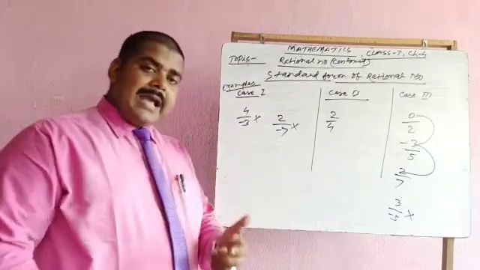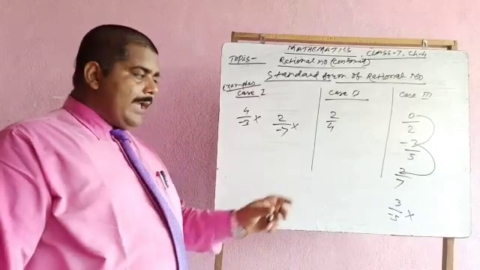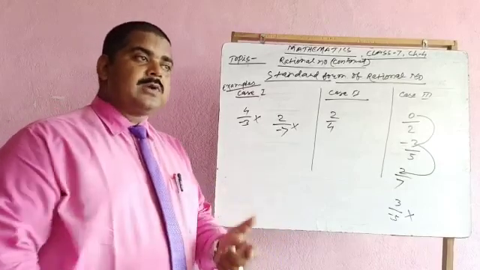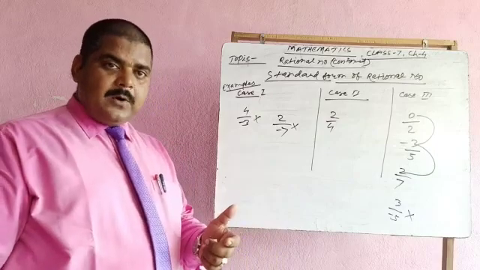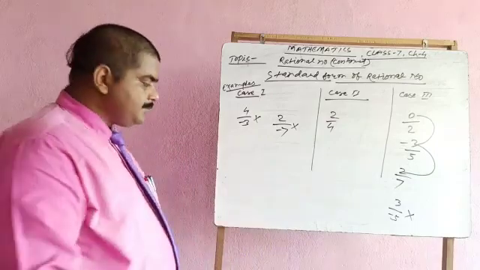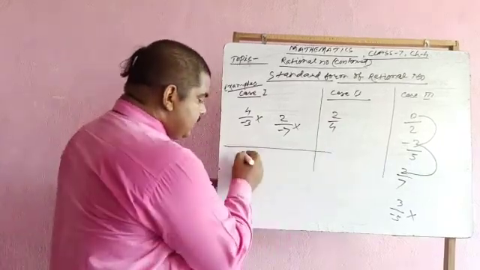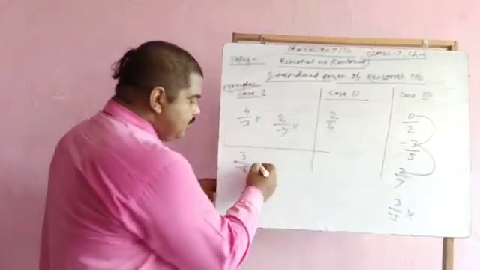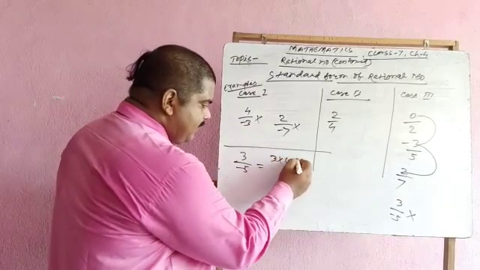Now it has been asked in the question: when a number is not in standard form, how can you convert it into standard form in the case of rationals? 3 upon minus 5 is not in standard form. You simply multiply its numerator and its denominator by minus 1.